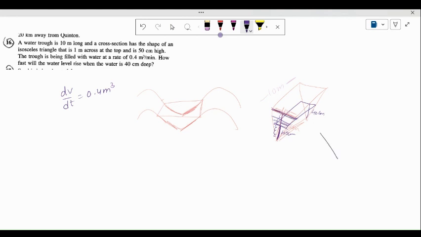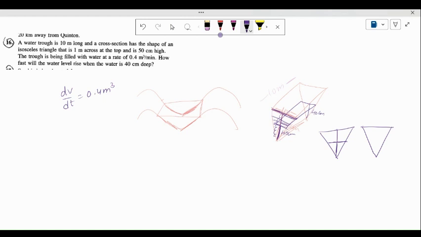So you take this situation, you take this triangle, and the earlier triangle when it is at 40 centimeter height, and the full height.